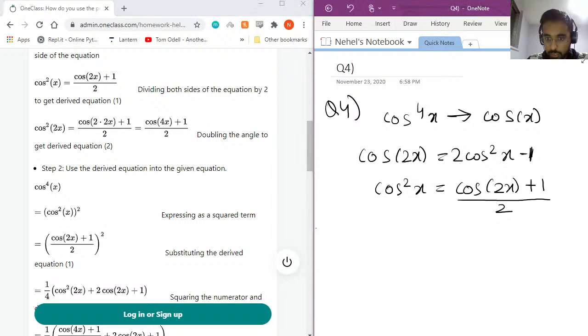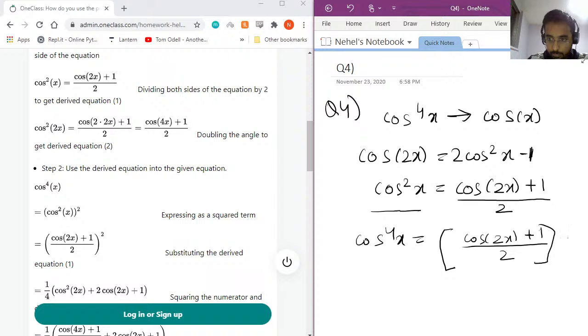So if we square both sides of this equation, you would get cos 4x is equal to cos 2x plus 1 divided by 2, whole square. Okay.